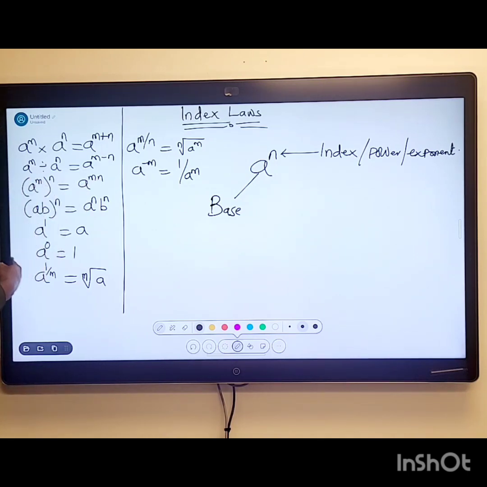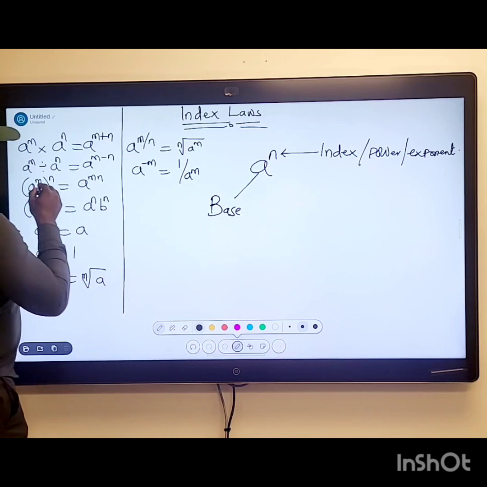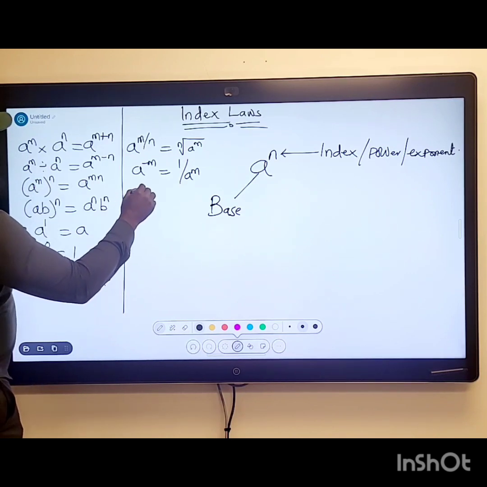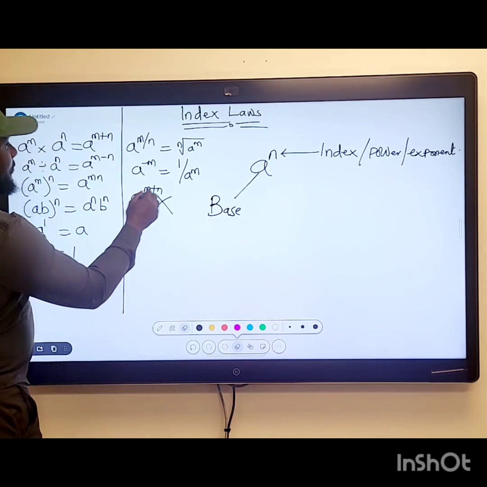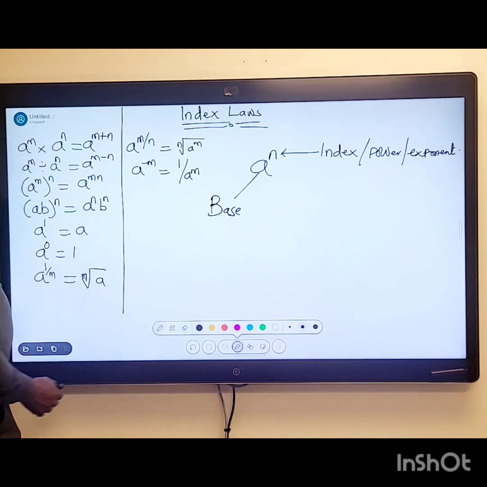Some students always make that mistake and say a raised to power m plus n. This is wrong. The right thing is a raised to power m times n. We will solve some questions relating to that and then we will understand that.